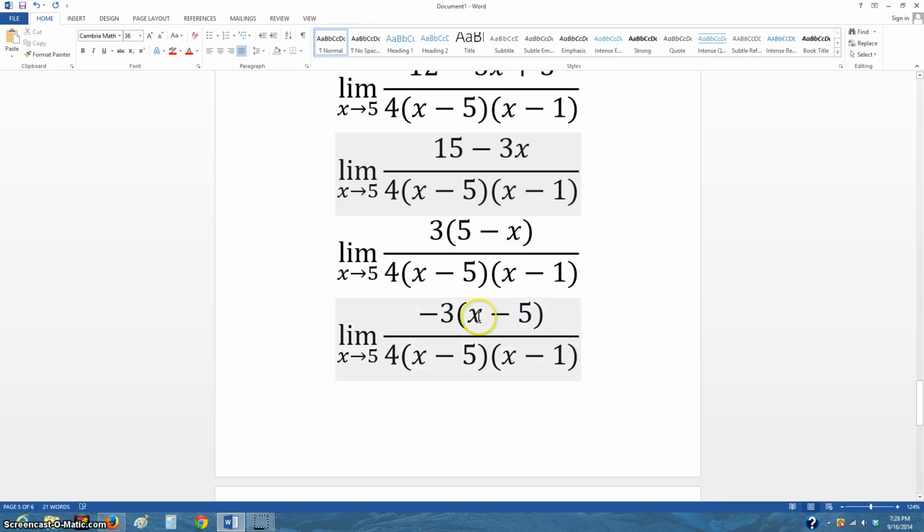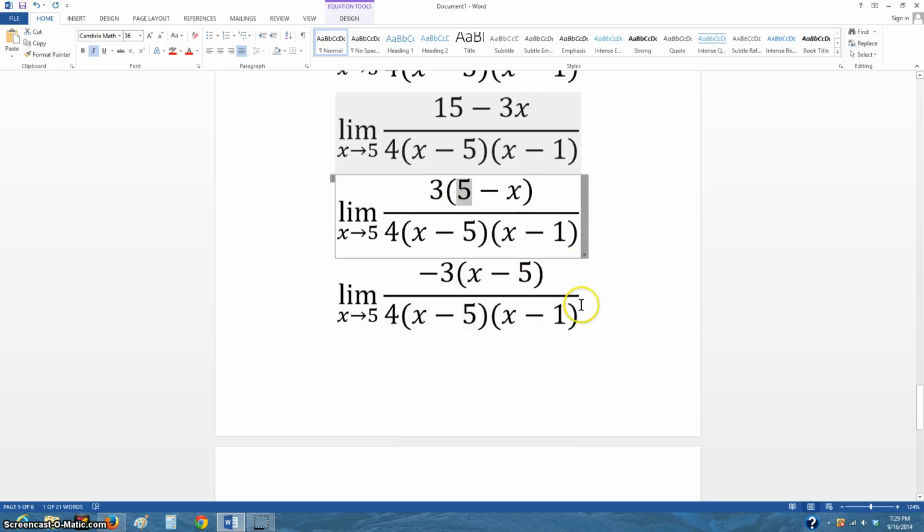And if you want to, go ahead and distribute just the negative back in there. What's a negative times x? You should get negative x. And what's a negative times a negative 5? You should get positive 5. So if you get the step above, then that means that you factored correctly.